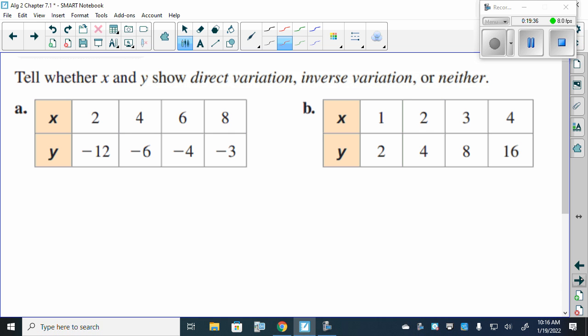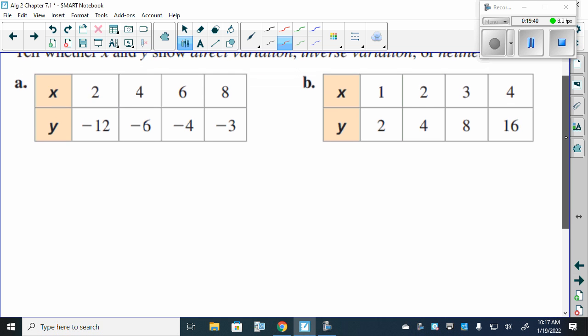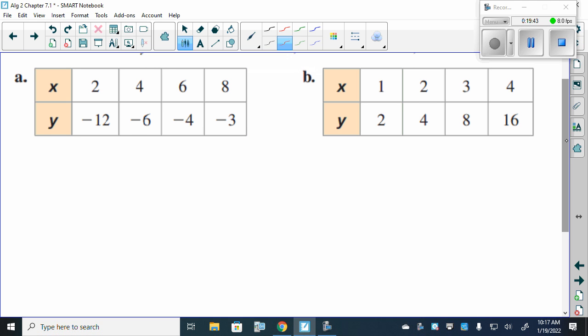If I take those x and y values and divide them, we can say y divided by x: negative 12 divided by 2, negative 6 divided by 4, negative 4 divided by 6, and negative 3 divided by 8. If it is direct, I should get the same term because it should be that constant amount.